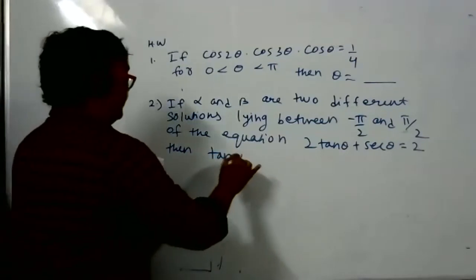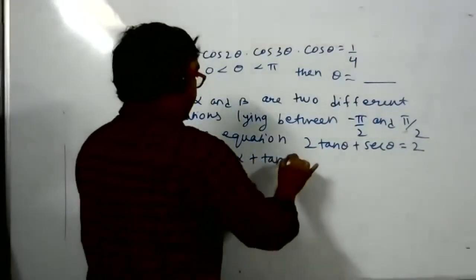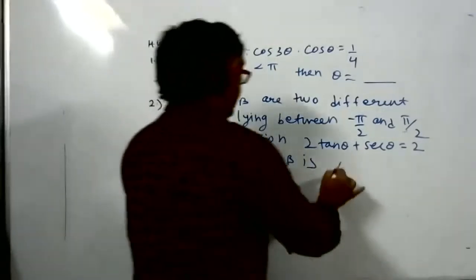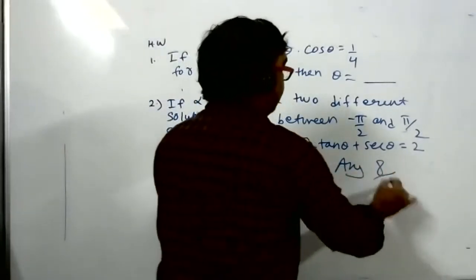Tan alpha plus tan beta is, answer 8 by 3. You should get 8 by 3.